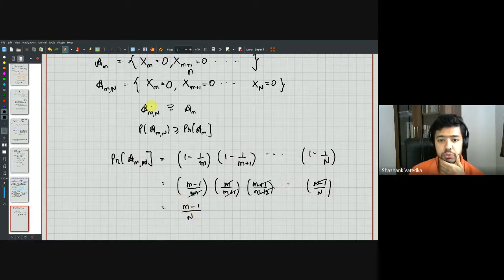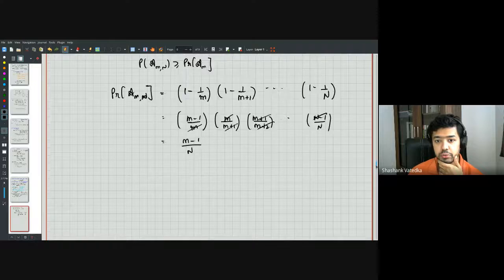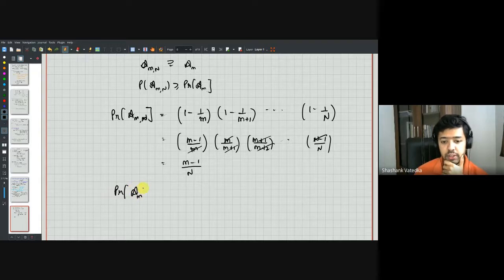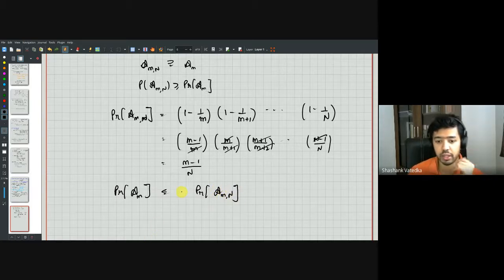But what we are interested in is AM. The probability of AM is less than or equal to the probability of AM comma N. This is true for all n.